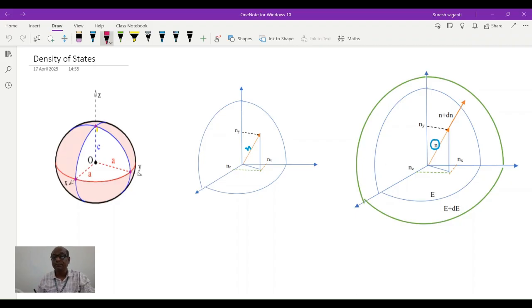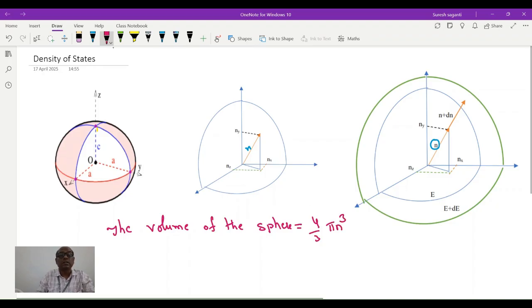So now the volume of the sphere is given by 4 by 3 pi n cube.